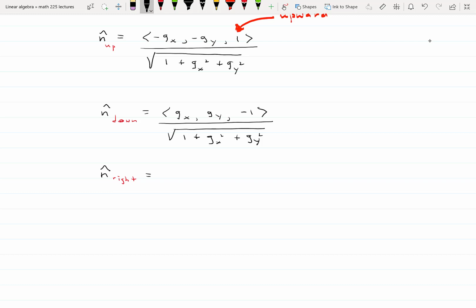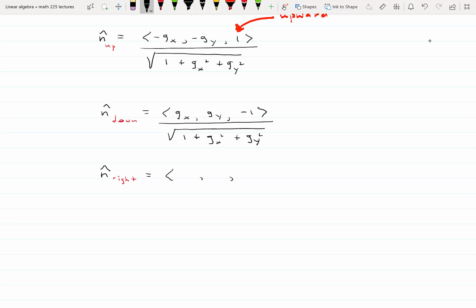It's very simple. Up and down had a z component of 1 or negative 1. So right and left will have a y component of 1 or negative 1. To the right is in the y direction, to the left is in the negative y direction.